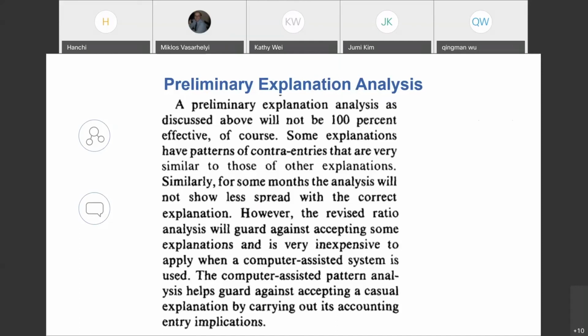However, the revised ratio analysis will guard against accepting some explanations, and it's very inexpensive to apply when a computer-assisted system is used. The computer-assisted pattern analysis helps guard against accepting causal explanations by carrying out this account and their implications.